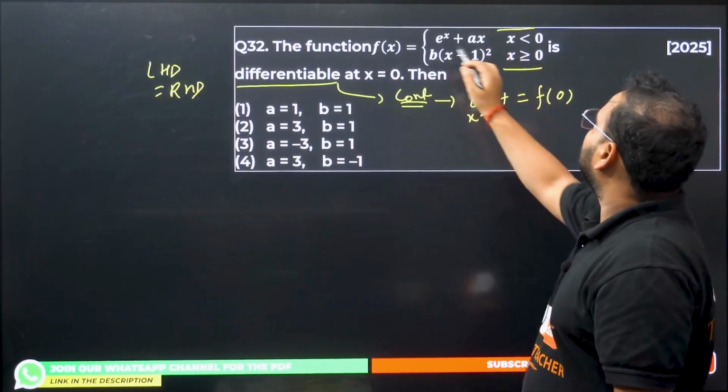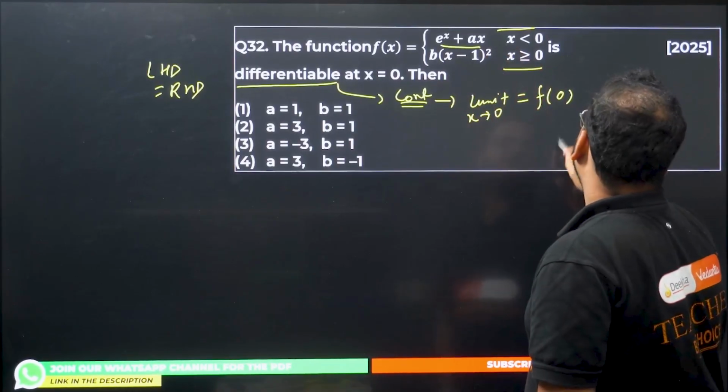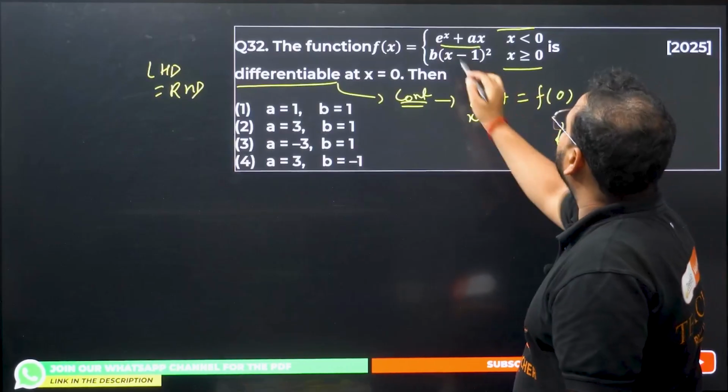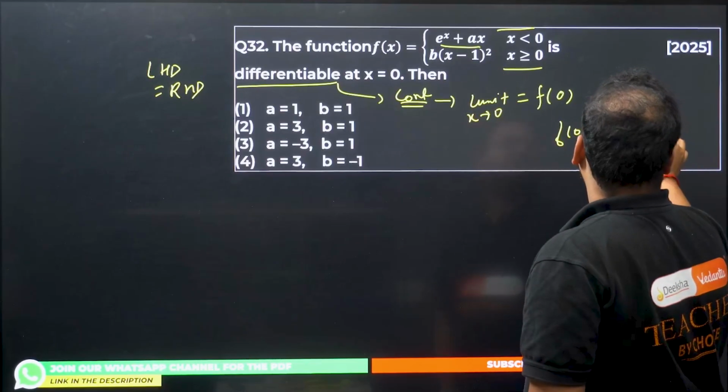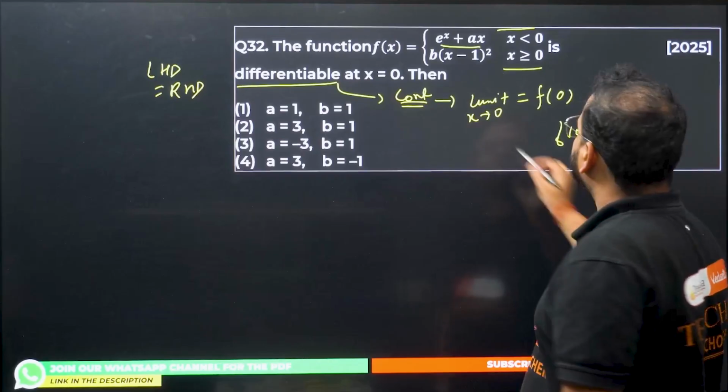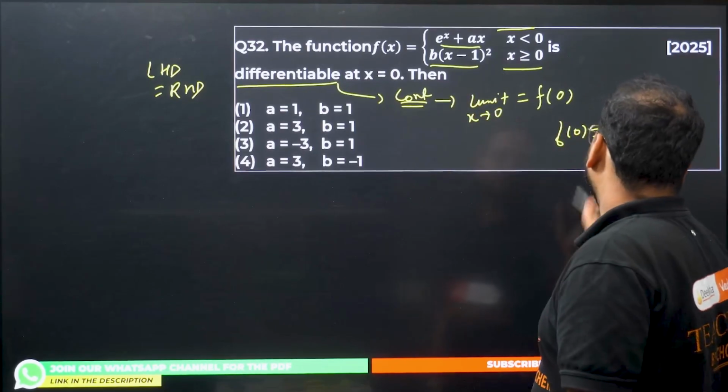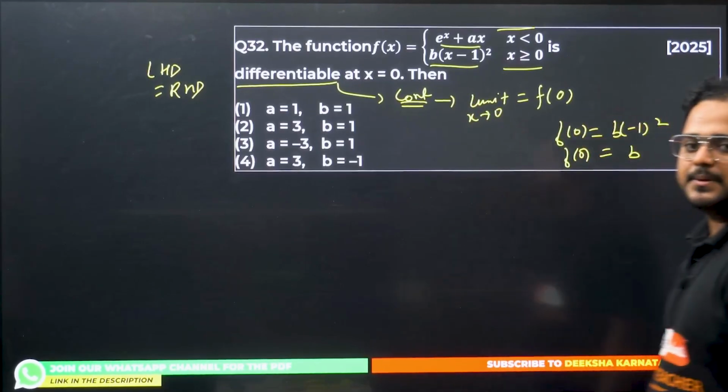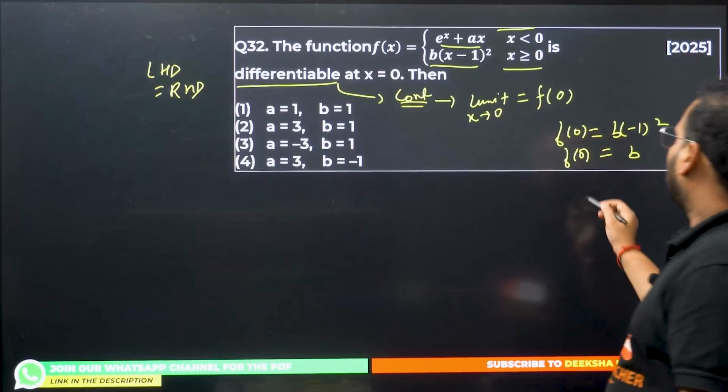So if we have to do the limit on this only, please check, because f(0) will become what? f(0) will become b times (-1)^2. How much is that? Simply b. f(0) is coming out as b. Have a look. Clear? What about the limit, sir?